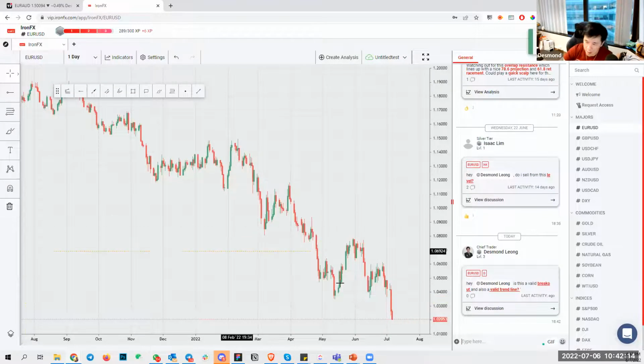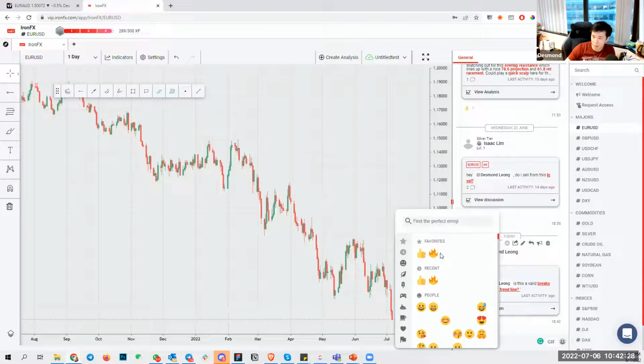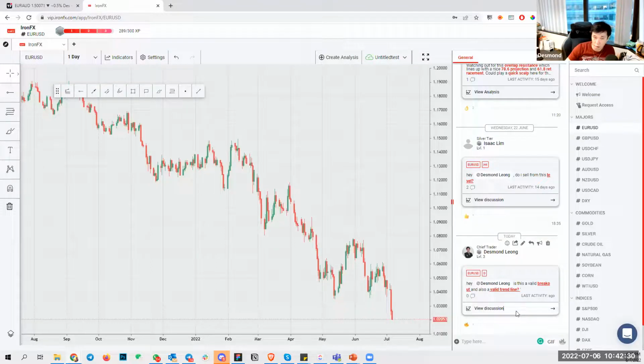So this is how it looks when someone reads the message, like, hey Desmond, is this a valid breakout? When they hover the mouse over it, they can see, oh, this was the breakout you were referring to, and this was the valid trend line. So I can say, all right, this is lit, I'm going to give it a fire, and view the discussion.